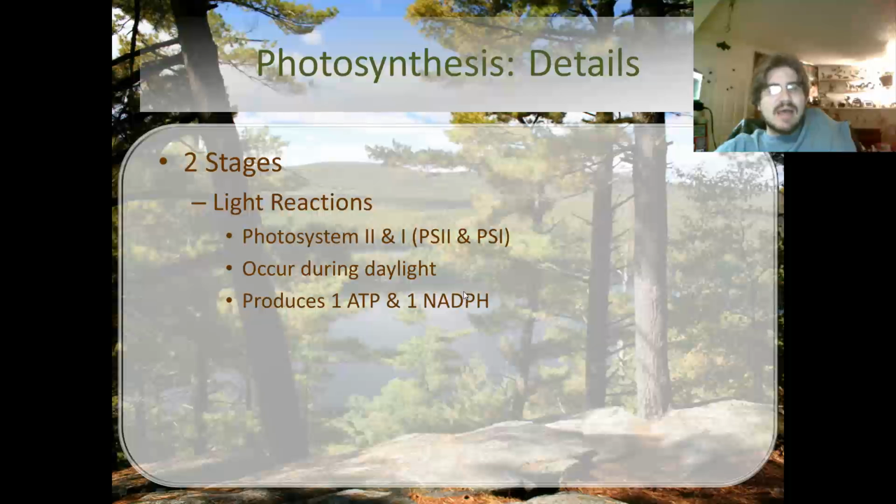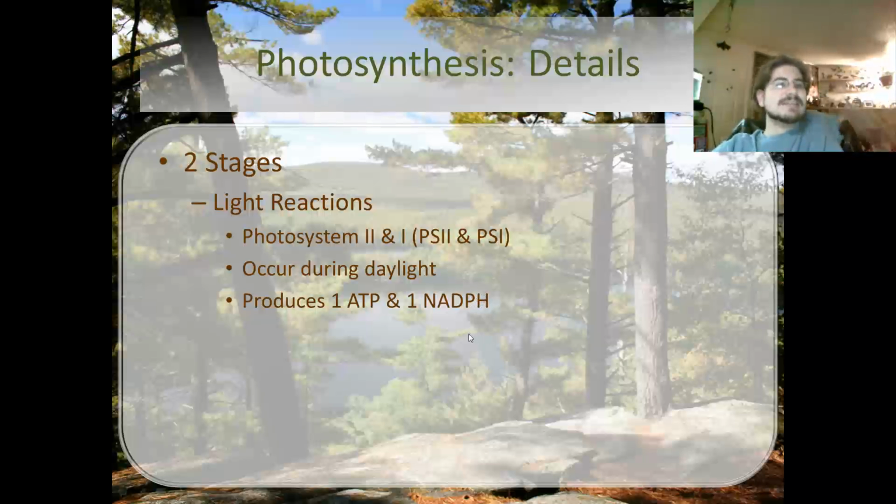That's because NAD was an electron carrier, right? Well, guess what? NADP is an electron carrier. So, in cellular respiration, NAD was reduced to NADH. Well, in photosynthesis, NADP is reduced to NADPH.